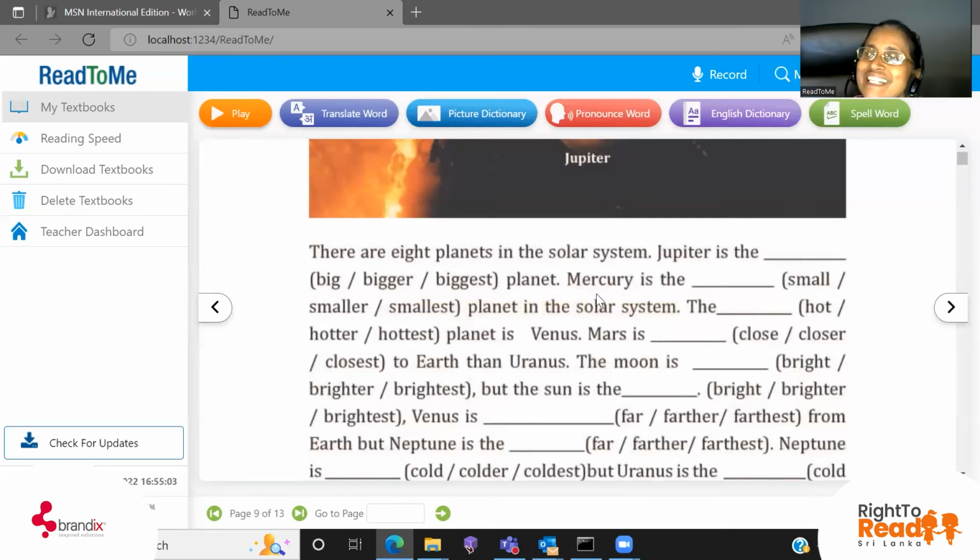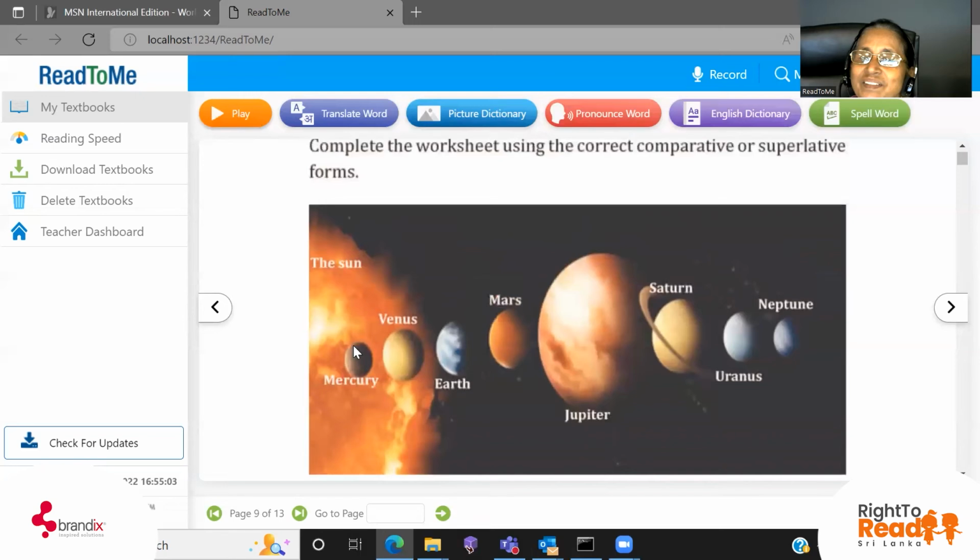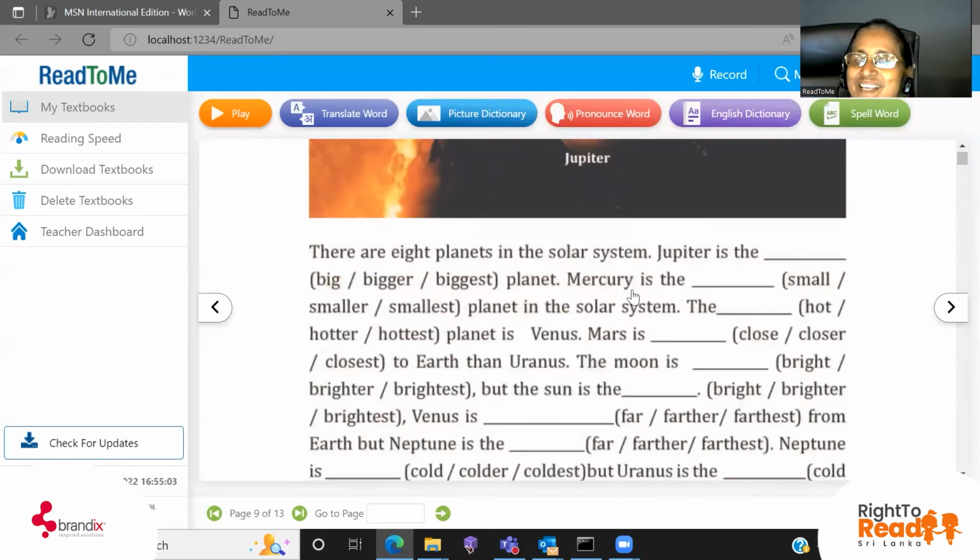It is about Mercury. Yeah, look at this. Yes, the size. Mercury is the. What is the suitable form of the adjective here? Mercury is the planet in the solar system. There you have to use the superlative form of the adjective.